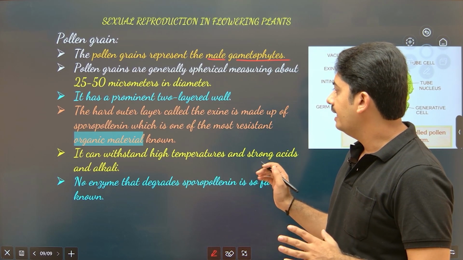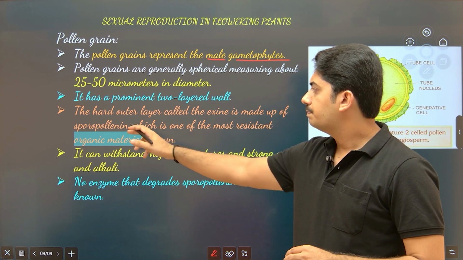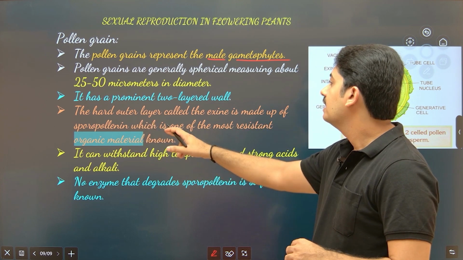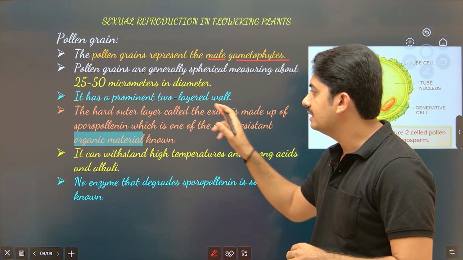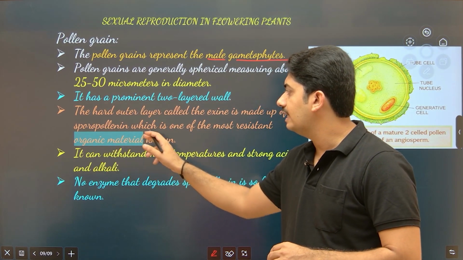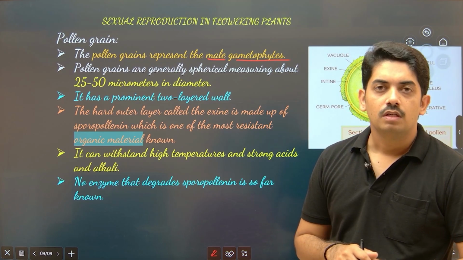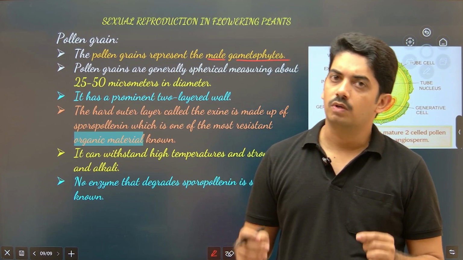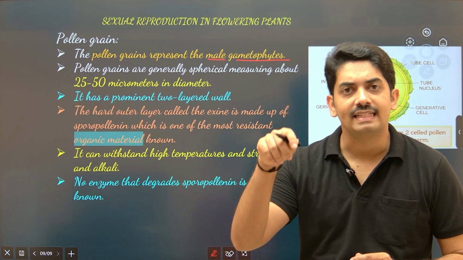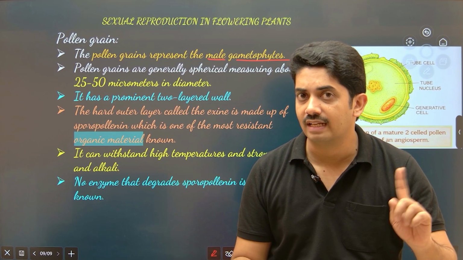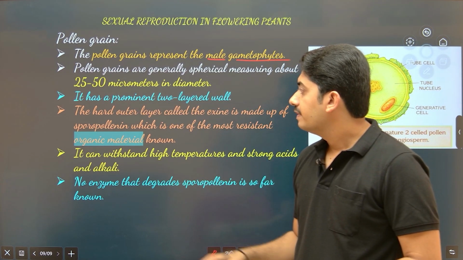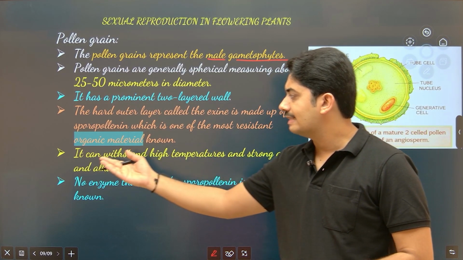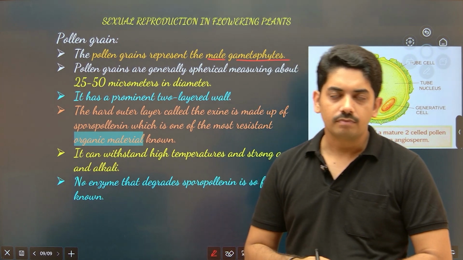Now, exine is made up of sporopollenin. Please remember this word, sporopollenin, which is one of the most resistant organic materials. In the exam, all this will matter a lot. Exine is made up of sporopollenin. Sporopollenin is a type of organic material, it is not inorganic, and it can withstand high temperature and strong acids and alkali.